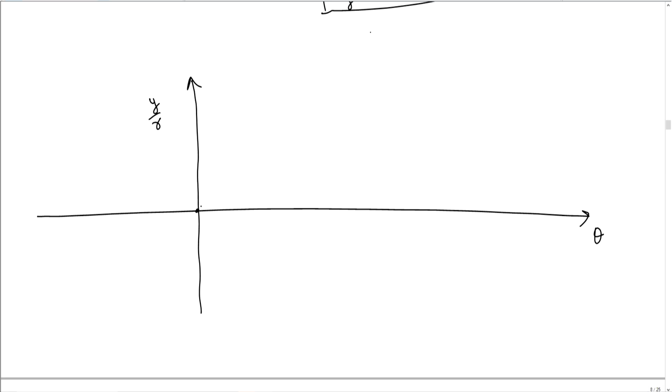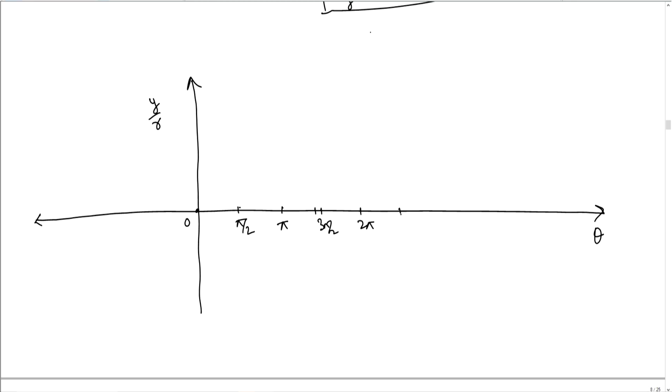Here the value of theta is 0, here the value is pi by 2, pi, 3 pi by 2, 2 pi, 5 pi by 2, 3 pi, 7 pi by 2 and 4 pi, like this.